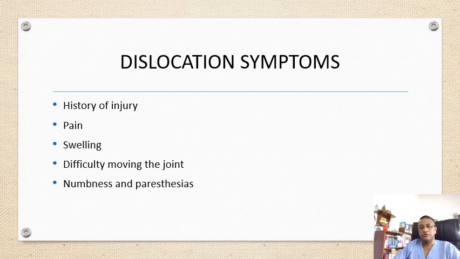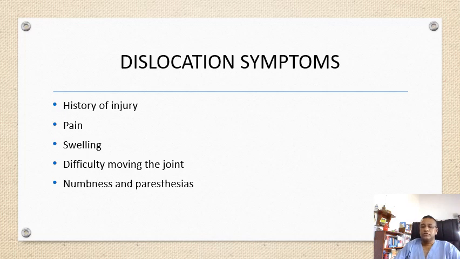There might or might not be numbness or paresthesia distal to the joint. The patient will give you a history that there was a trauma, then he got pain and swelling, and now he can't move the joint. Sometimes he will tell you he gets paresthesia, numbness, or inability to move the distal joints.